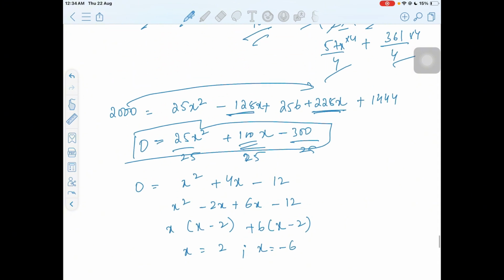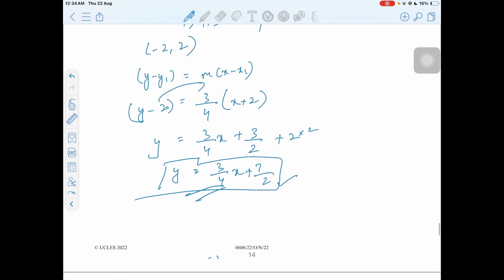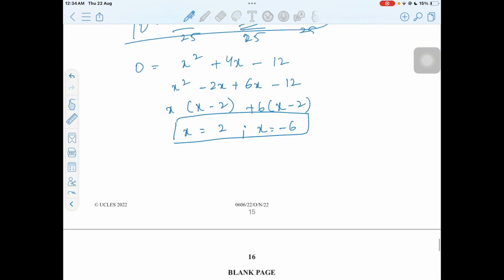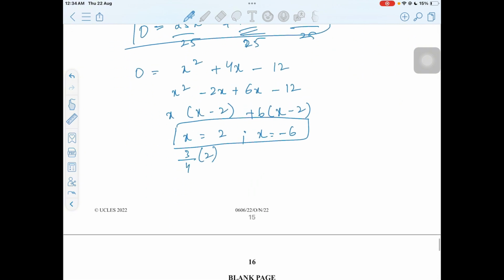We can plug in these values over here, right? So we get our answer as 3 over 4 into 2 plus 7 over 2, right? So we get our y as 3 over 2 plus 7 over 2, this 3 plus 7 is 10, 10 over 2 is 5, right?